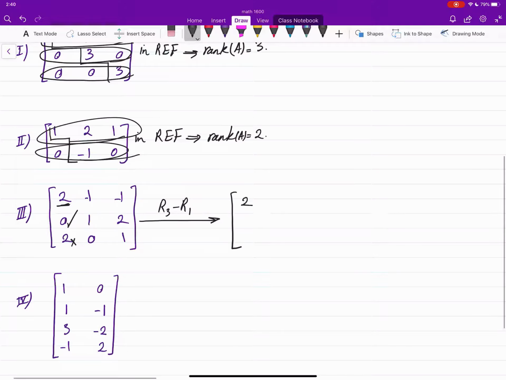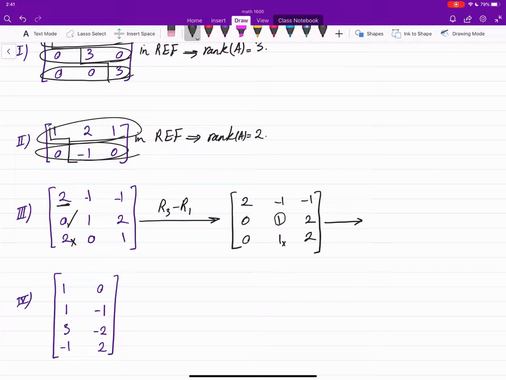And this gives us 2, -1, -1. 0, 1, 2, these don't change. And for the last one, this will be 0. 0 minus -1 is 1. 1 minus -2, 1 minus -1 is 2. Yes, very nice. Then the next thing is, okay, this can be our next leading entry, and then everything below that must be 0.